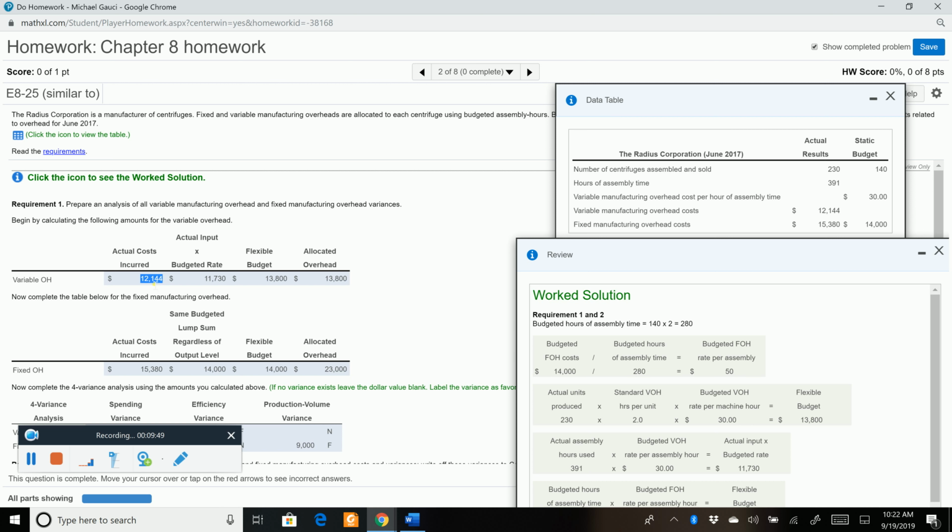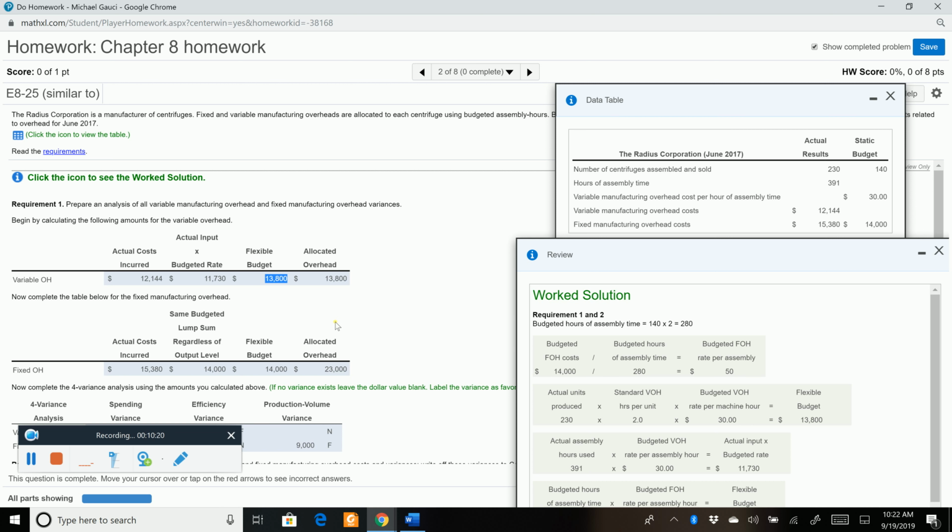And then what I want to do is I always like to go to column 3, the flexible budget, which is basically this number, the actual variable overhead that is allocated in the WIP stage. And what this is basically is the budget flexed or changed to this level of activity, what is allowable for this level of activity.